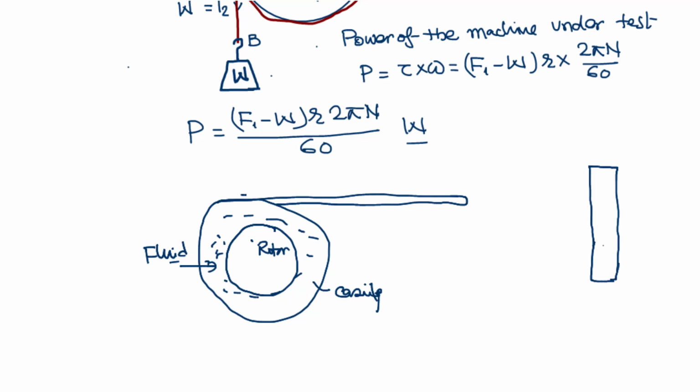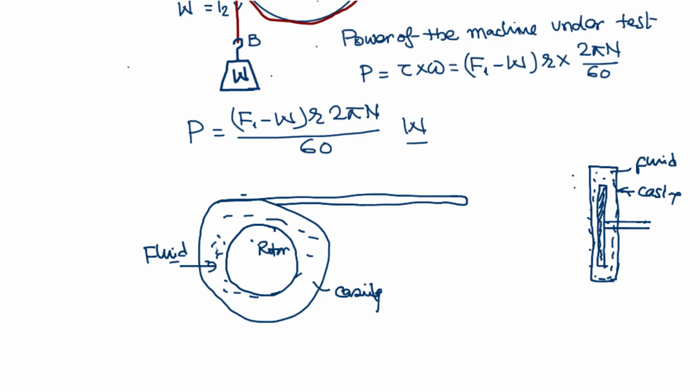This is casing, and this is rotor, and it is connected to the shaft of prime mover, and here this is the fluid.